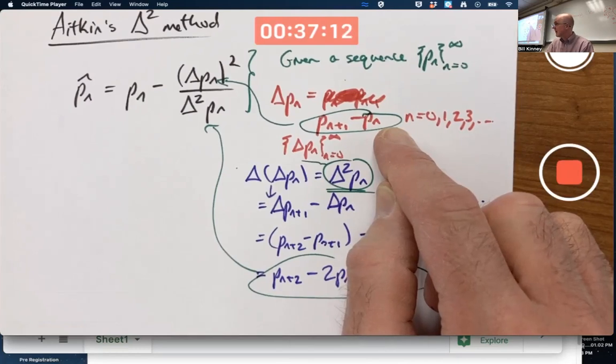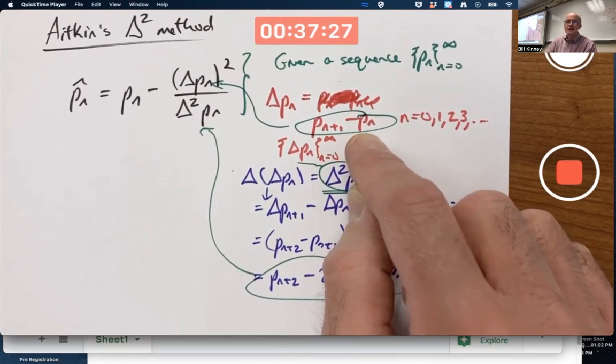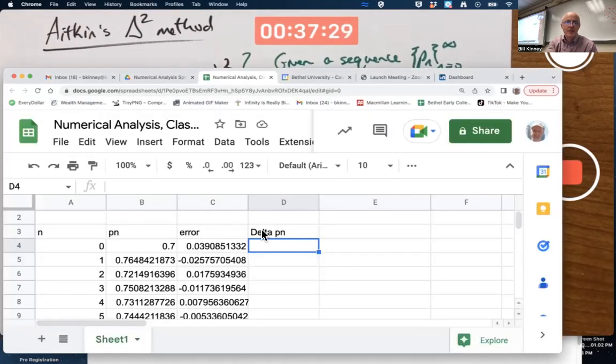So delta P sub 0 would be P1 minus P0. Delta P sub 1 would be P2 minus P1. Delta P2 would be P3 minus P2. Pn plus 1 minus Pn. Delta P0 is P1 minus P0. B5 minus B4.